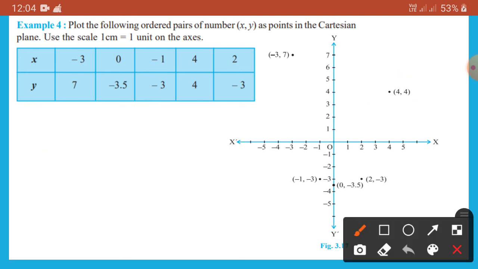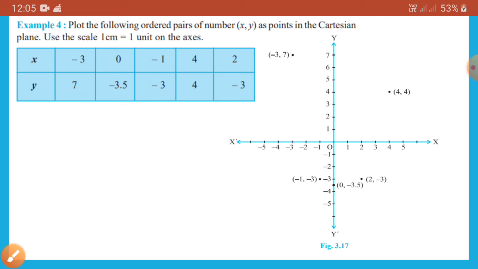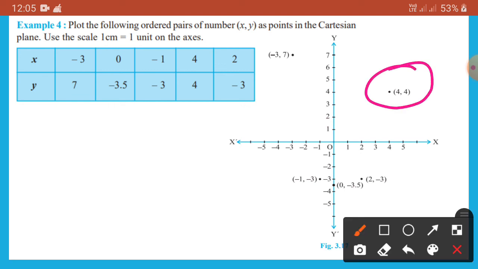Here the distance from the x-axis in the direction of the y-axis is also 4, and the distance from the positive y-axis in the direction of the x-axis is also 4. Okay, that means the coordinates are (4, 4). So the location of the point will be here for coordinates (4, 4).